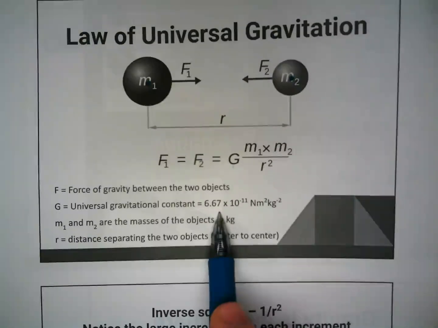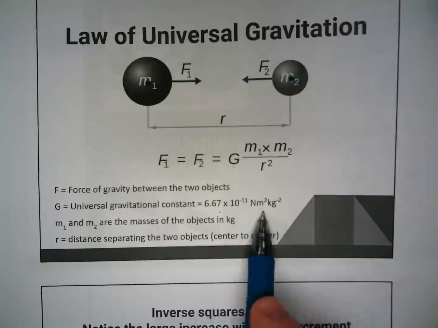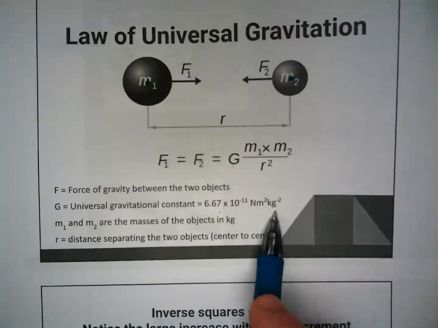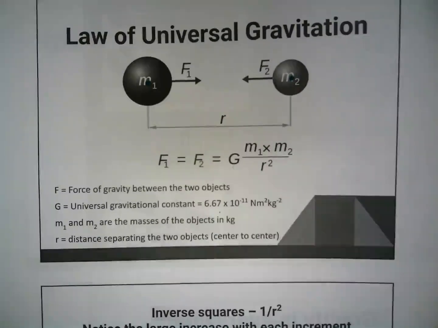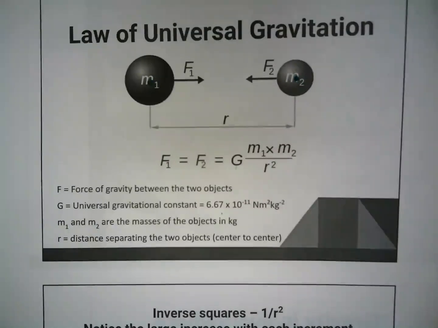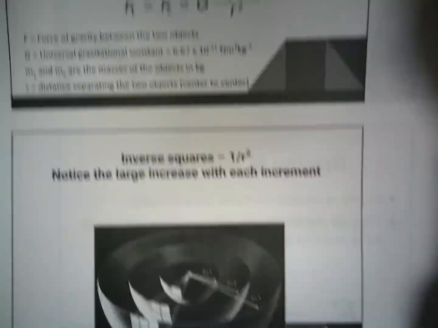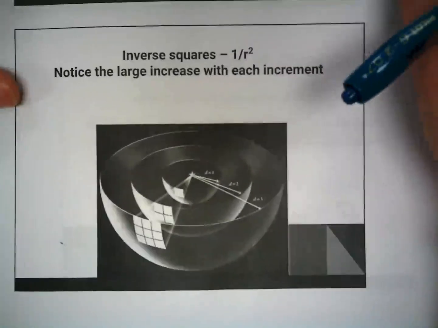And that constant is 6.67 times 10 to the negative 11th Newton meters squared, and that squared is only on the meters, divided by kilograms squared. So that's big G, the universal constant. We again use this formula to describe what attraction forces are between two objects, and we're going to be using that in our notes not too much longer.